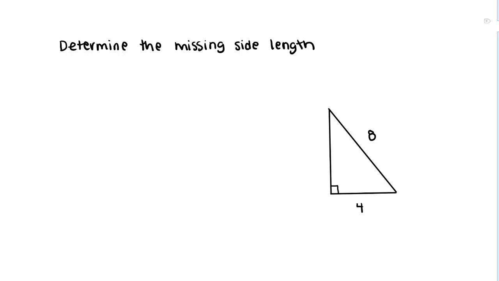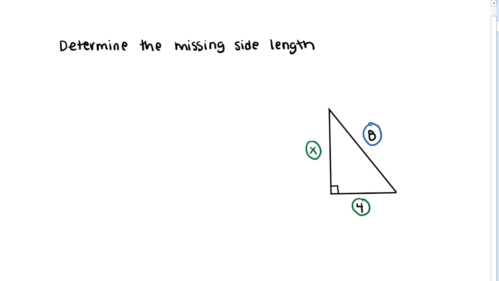Here, one thing I want to point out is that the hypotenuse is the side opposite the right angle. So this side length of 8 corresponds to the length of the hypotenuse, whereas this side length of 4 is one of the leg lengths, and then we have a missing side length. Let me label it with a variable, I'll just call it x. But again, that's a leg length.